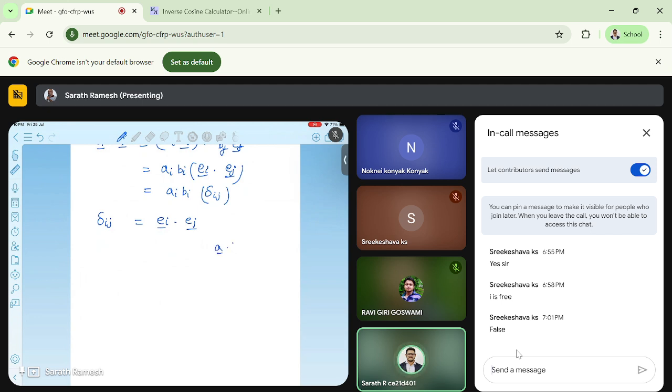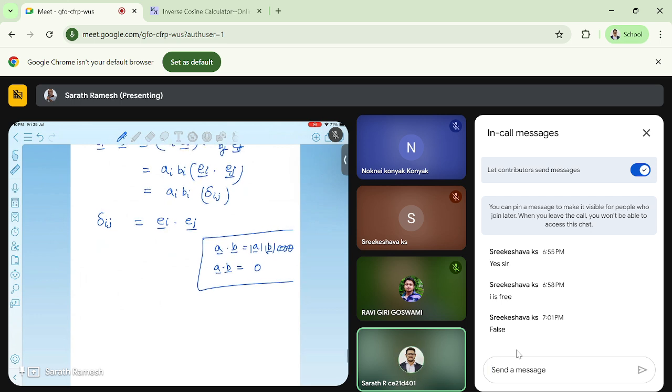We know A dot B equals mod A mod B cos theta. If theta is 90 degrees, what is cos 90? It is 0. So if two vectors are perpendicular, the dot product is 0.